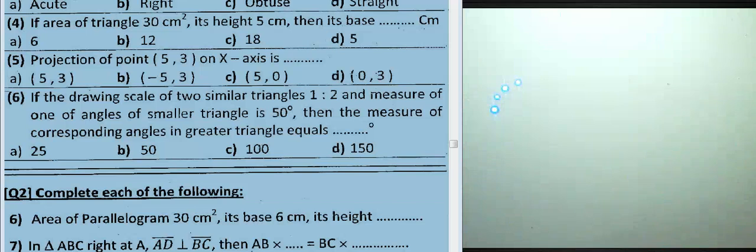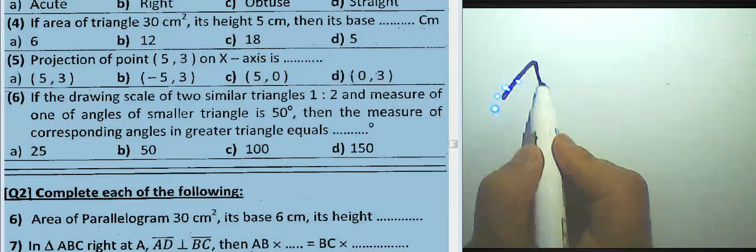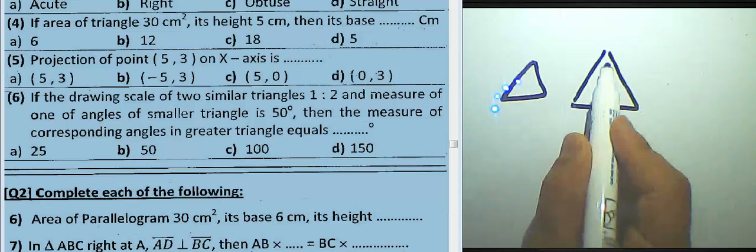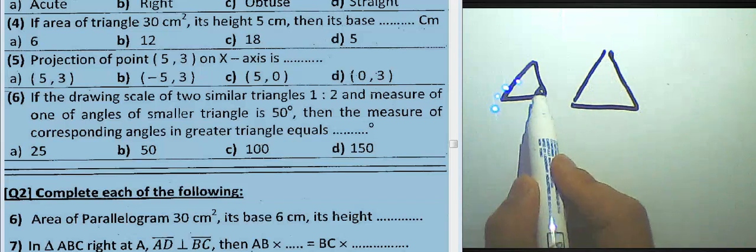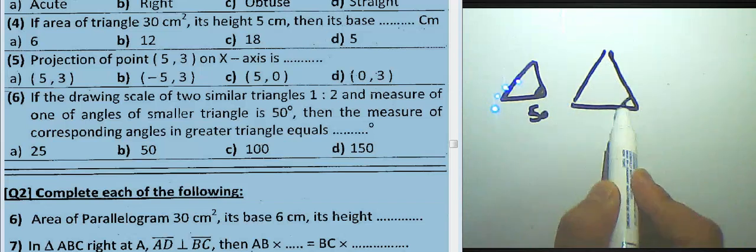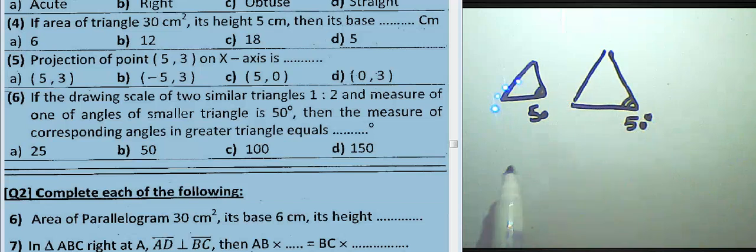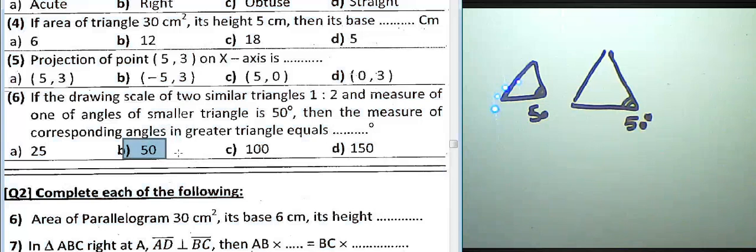You must know each corresponding angle is equal in measure in the smaller triangle and the greater triangle. The measure of the angle here is 50 degrees, then the corresponding angle here will be 50 degrees. Okay, the result will be 50. We can't change the sign because the corresponding angles will be equal in measure.